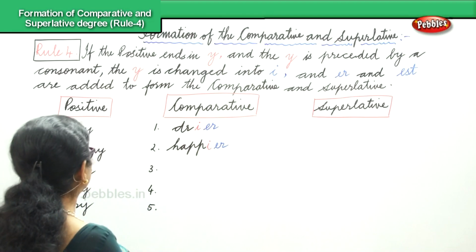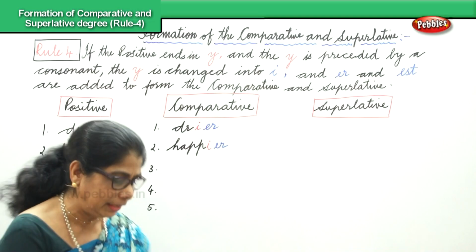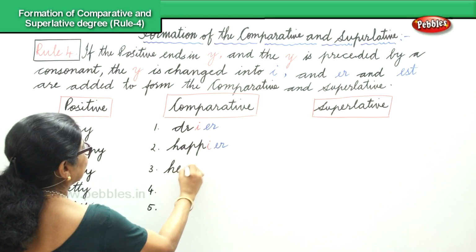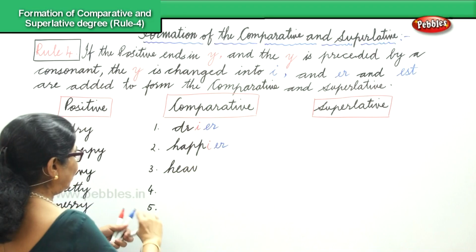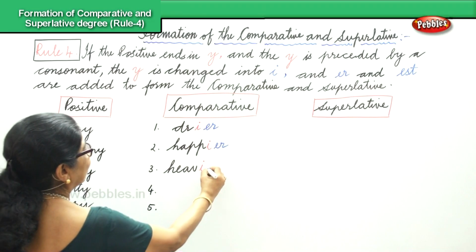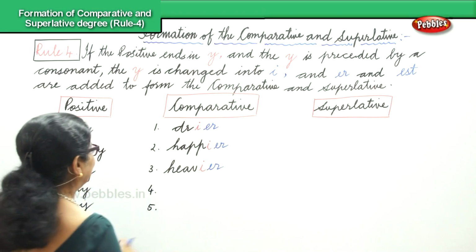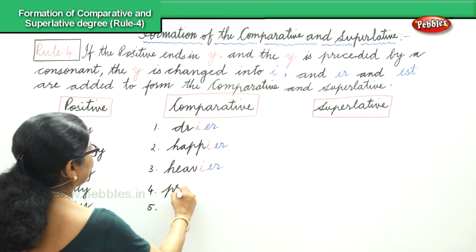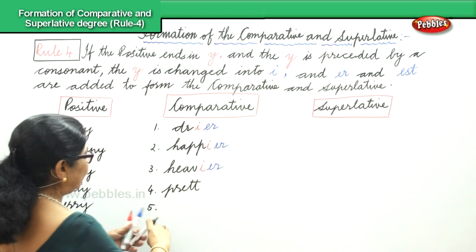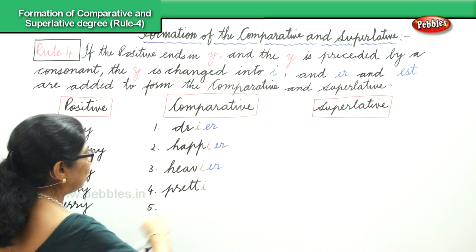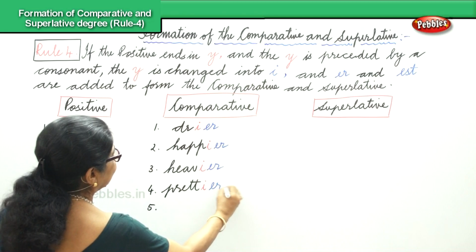Then, let's look at the third one, heavy. You add I, and then ER. So Y is taken away. Heavier. Pretty: double T, add I, and add ER to form the comparative.